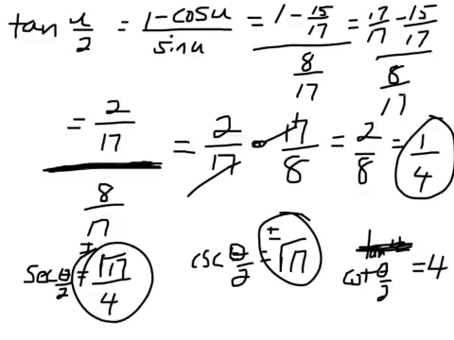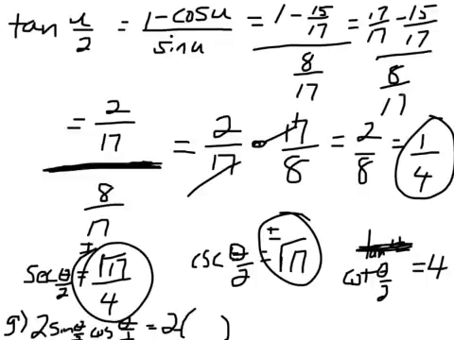There is some more on here. This 2 sine theta over 2, cosine theta over 2, we'd just plug in the values there, so I'll do part G. What did we get for sine of theta over 2? That was the cosecant.